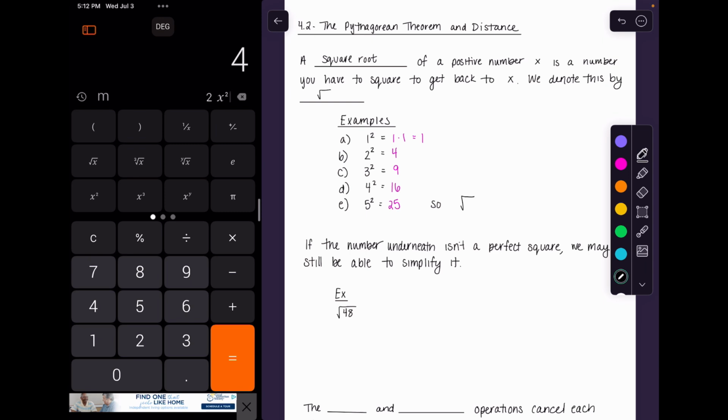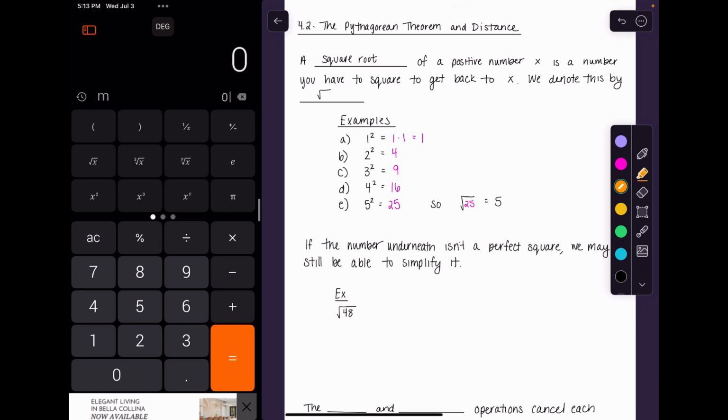If I take the square root of 25, I'm asking myself what number times itself gives me 25. In this case, that is 5. So the square root of 25 lands me at that base of 5. To show you on this calculator, you have a square root button. I need to type the number underneath the square root first, and then I press the square root button, and it lands me at 5.